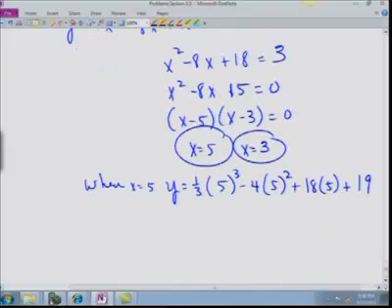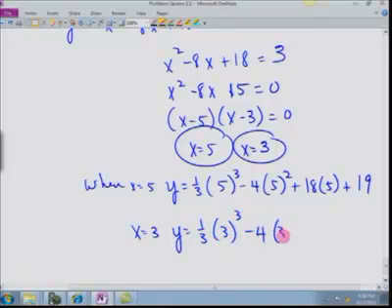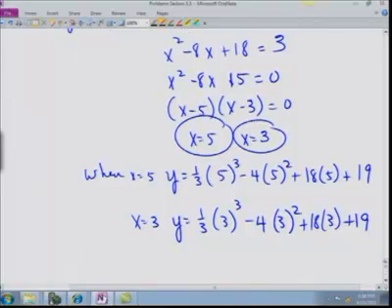So you can do that on your calculator. What did we get for when x is 5? Leave it in fraction form. I don't want a decimal.